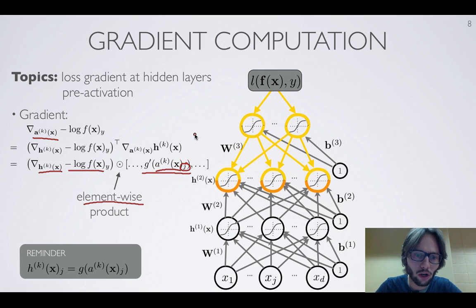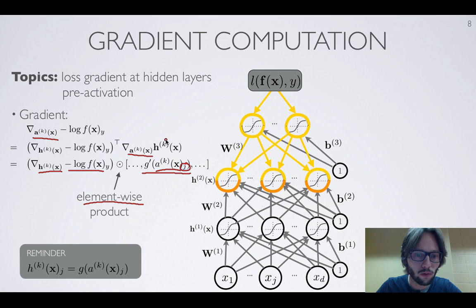Now, those who are familiar with vector calculus might have taken this step directly. You can think of this as the vector version of the chain rule. You take the gradient with respect to all your partial results, and then you multiply that by the gradient of the intermediate results with respect to, in our case, the pre-activation.